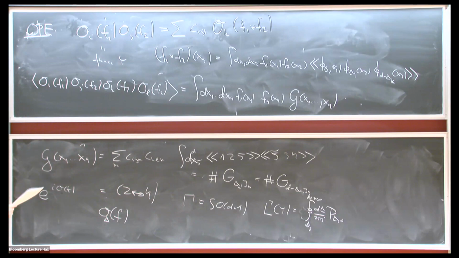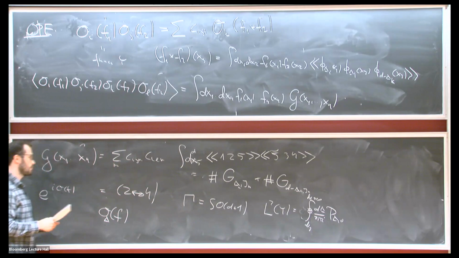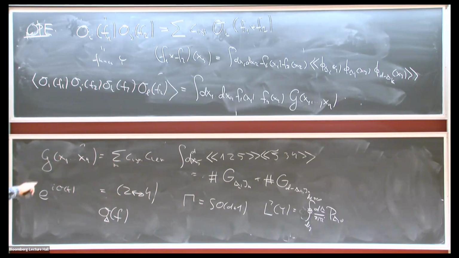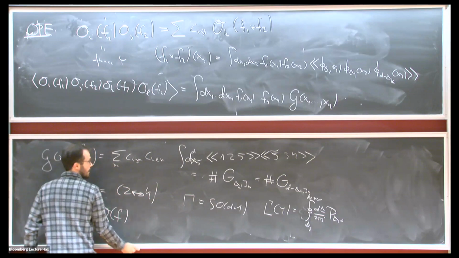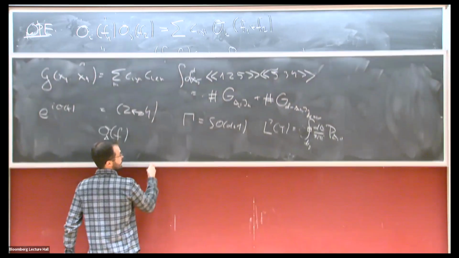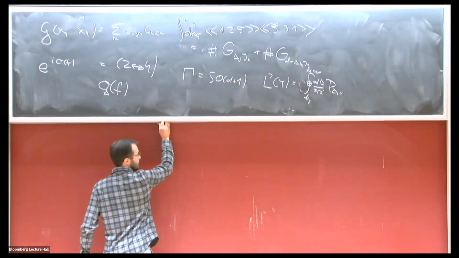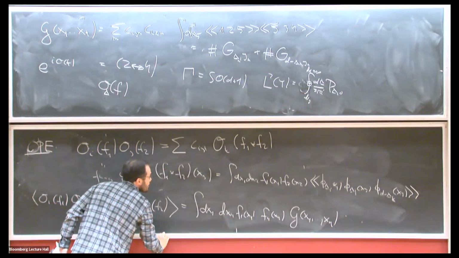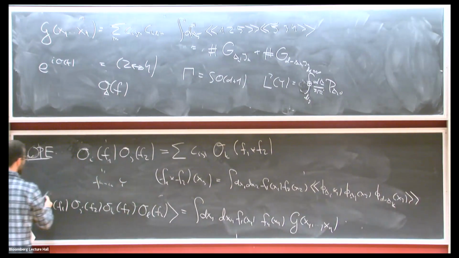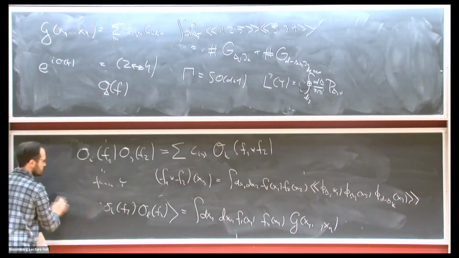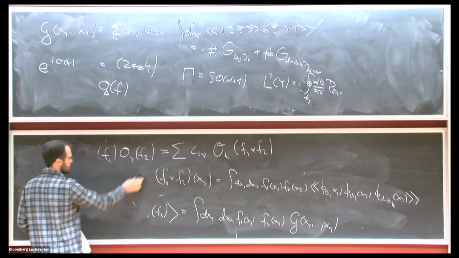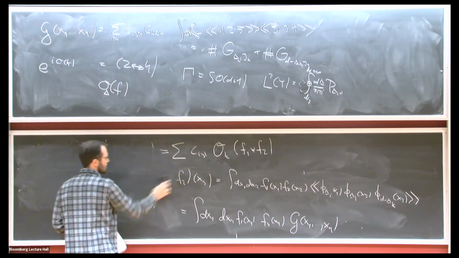This whole reasoning suggests a new basis for the bootstrap, which is taking this as our bootstrap equation, and instead of evaluating it at a point, we can just choose the f's according to our own liking.